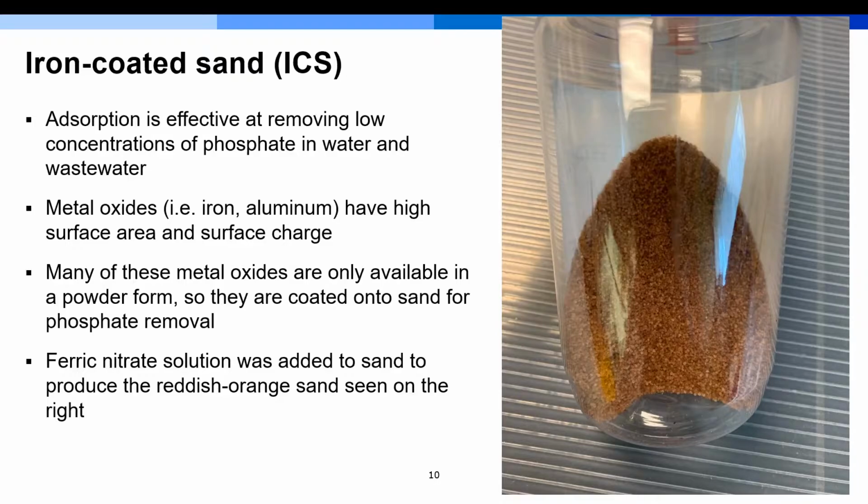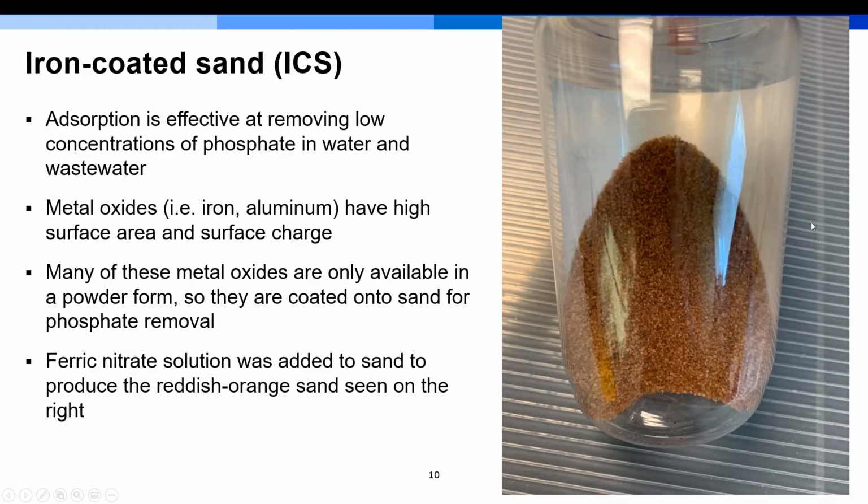In past years, though, some researchers have developed techniques for coating these metal oxides onto a sand surface in order to overcome these problems of using the metal oxide powders by themselves.